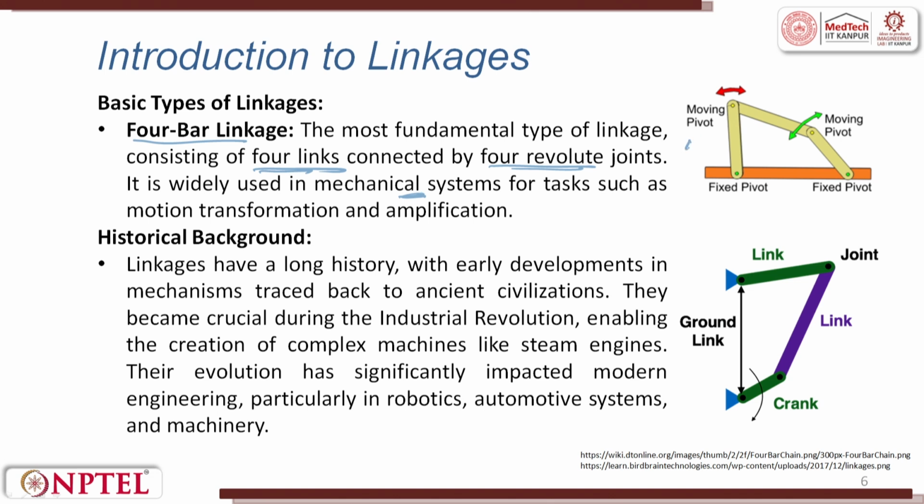So, link 1, 2, 3 and then ground link 4. You have a fixed link, then you have pivots attached to it, each link is attached to a joint, and here you move L2, which produces a motion in L2 that is connected to L3 also.